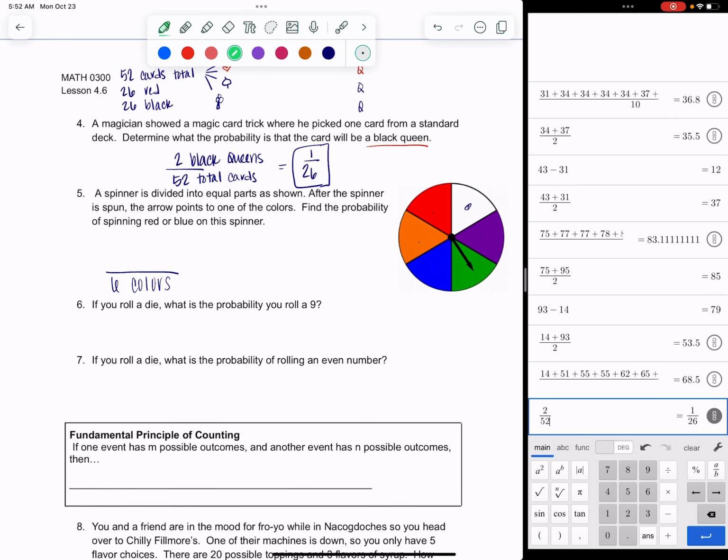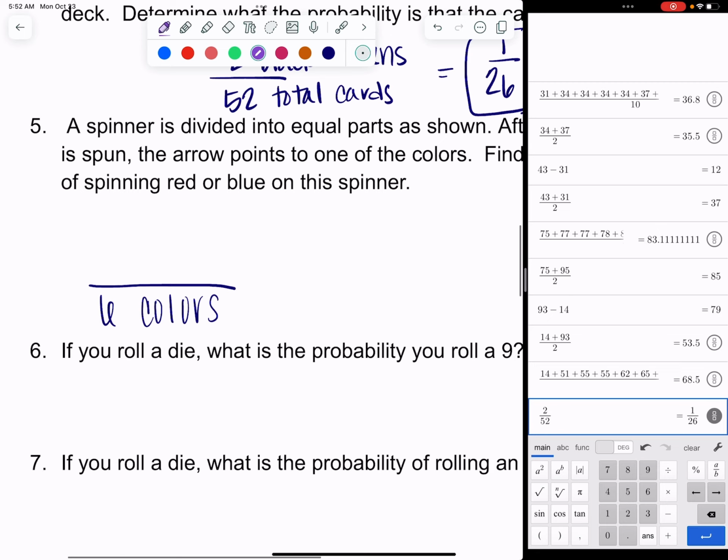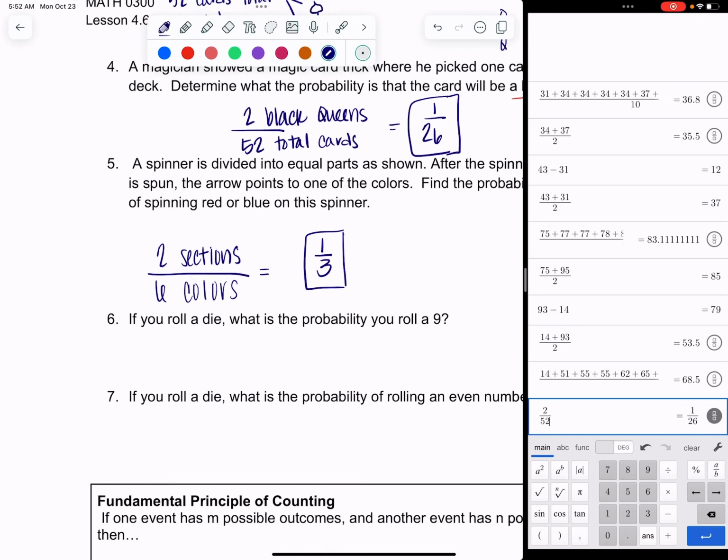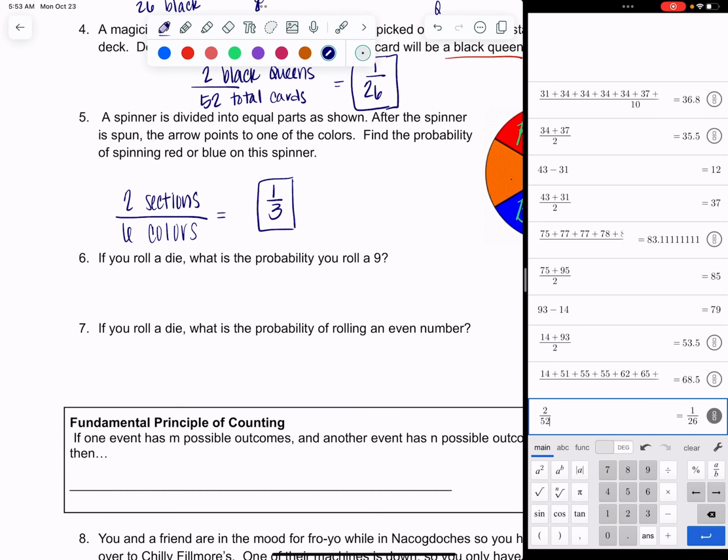I want red or blue. So here's my red one. There's my blue one. That's 2 sections out of 6 total sections. So I have a 1/3 probability of spinning a red or a blue.